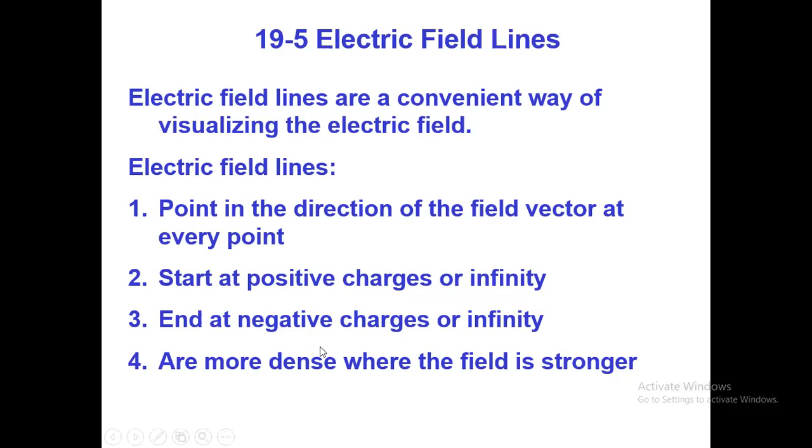The lines of forces emit from the region of the charge, continuously in their direction. And they end at negative charges or infinity, meaning the lines of forces are collected at a particular point. The lines are more dense where the field is stronger.